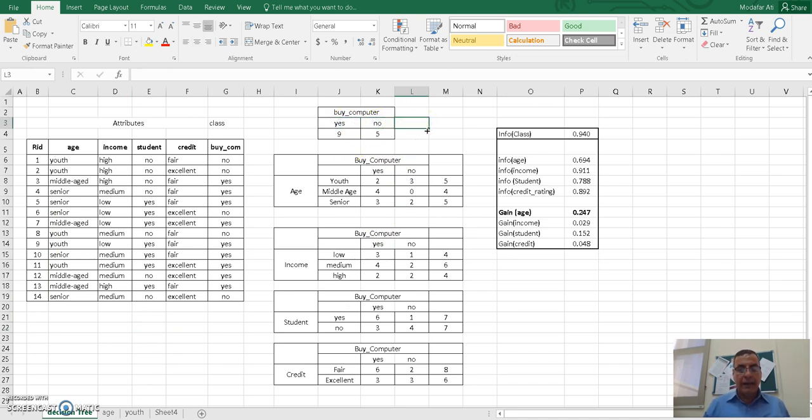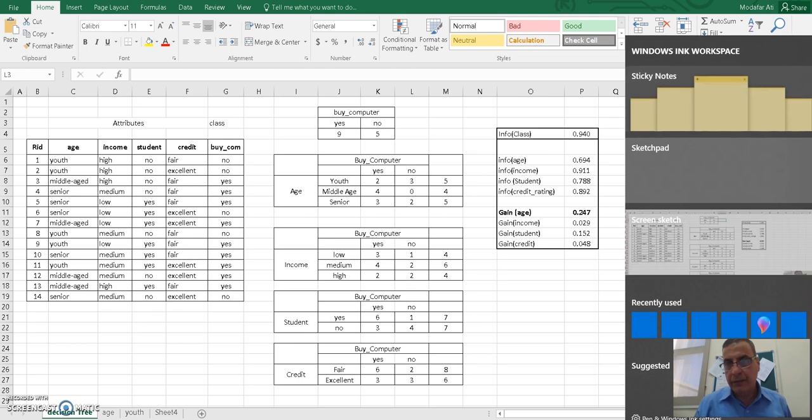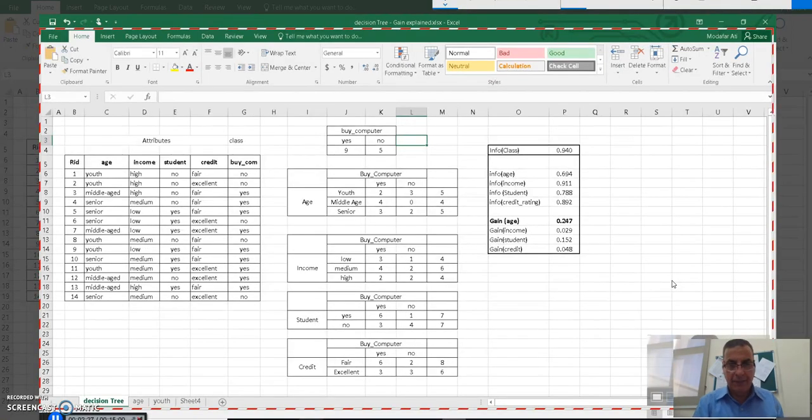Now, how can I calculate this? What would I do in this case? Very important: for the class, look at this value here, the info for the class.